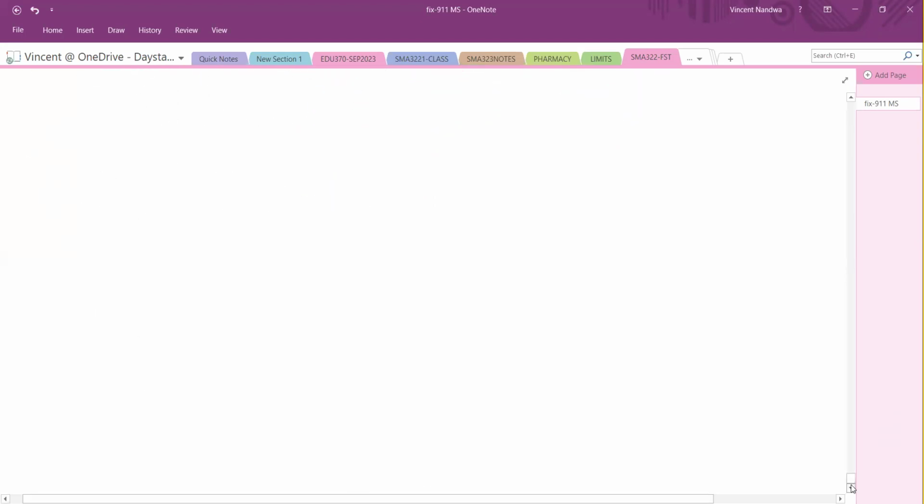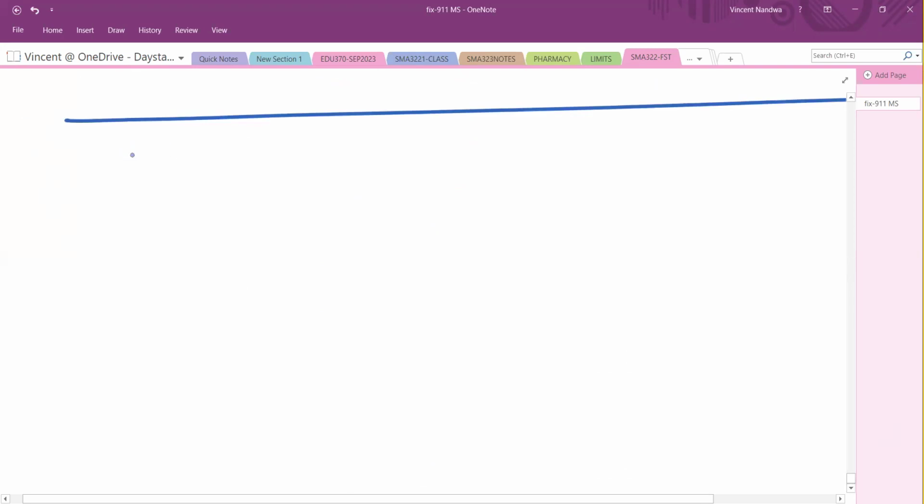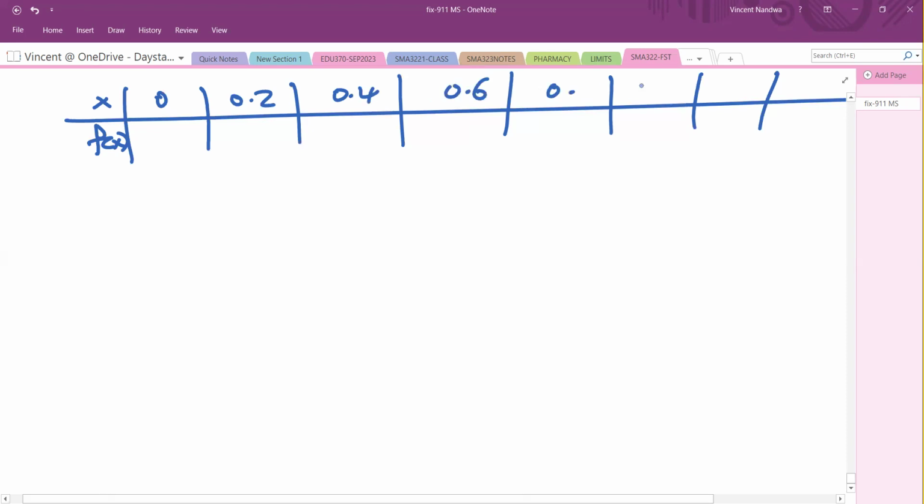To make things clearer, let me re-explain this. Sometimes you are given a table of values of x and a table with corresponding values of f. Say I have x as 0, 0.2, 0.4, and assume this is an arbitrary function whose x values are given as in this table.